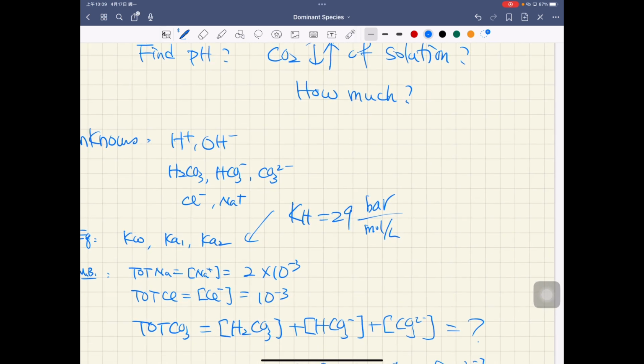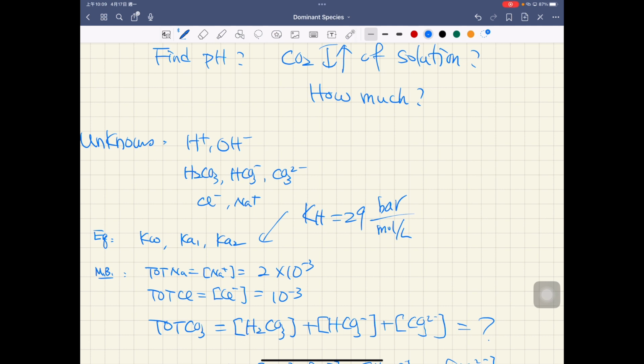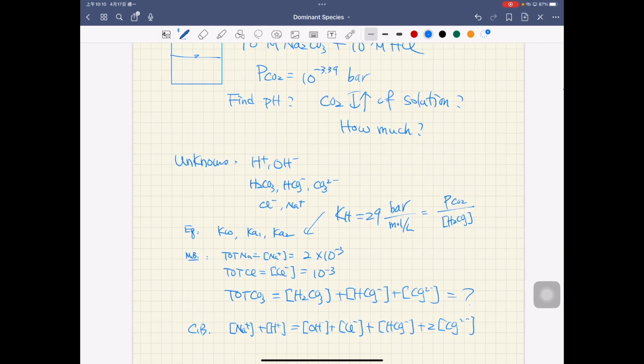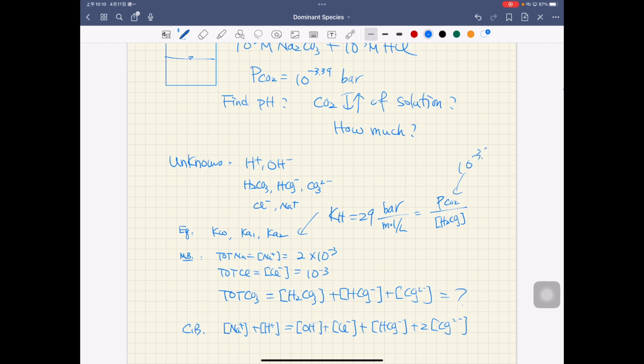This value, the KH, you can find from the internet, but you need to look at the unit to make sure it is the unit you want. Then you say this KH equals PCO2 over H2CO3. And this PCO2 is already 10 to the minus 3.39. So from this equation, H2CO3 is already a known number.